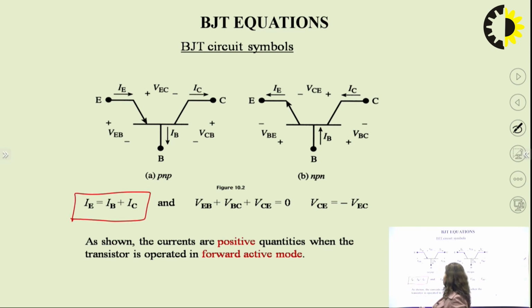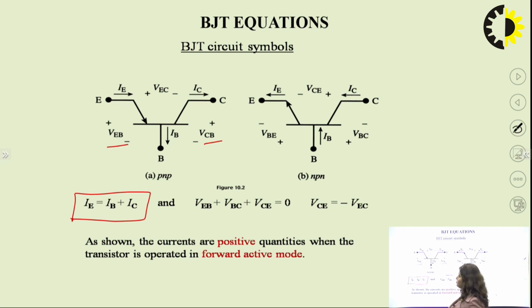This is the first equation we have to notice. Then we have the voltage between base and emitter, which is VEB or VBE, and similarly the voltage between collector and base, that is VCB. We also have the voltage between collector and emitter, which is VEC.